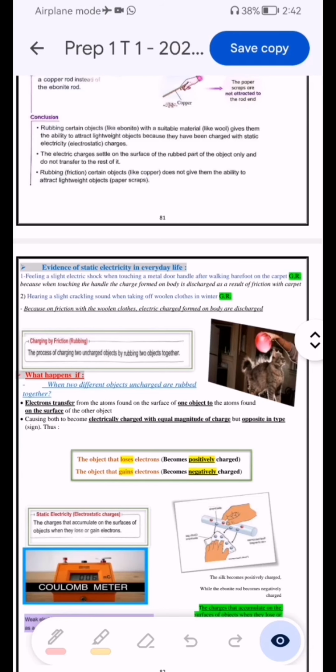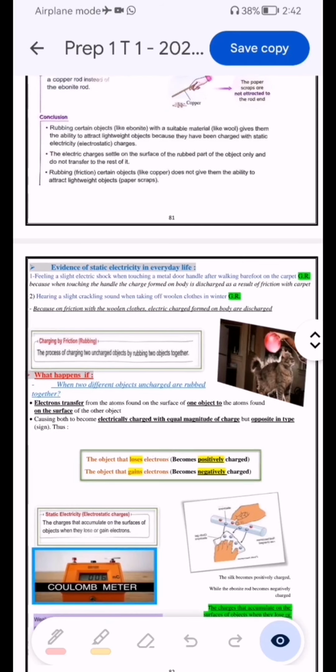So because when touching the handle, the charge formed on the body as a result of friction with the carpet is discharged. When you walk, friction occurs between you and the carpet, so charges accumulate on your body. So when you touch the handle, these charges will discharge.